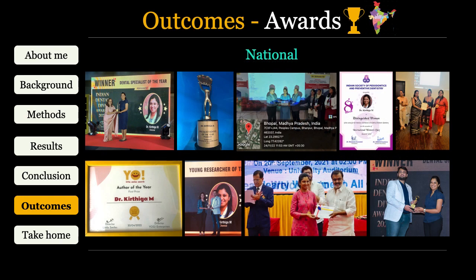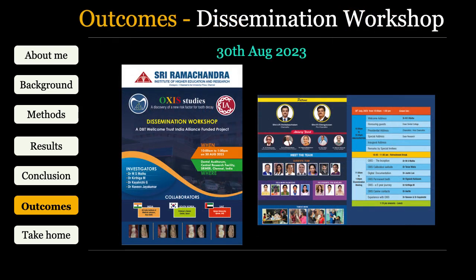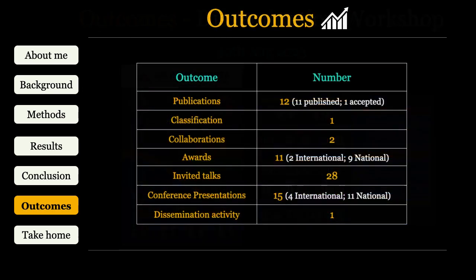Around 9 national awards for various reasons, like the best researcher, the Lakshmanan Gold Medal at our university, 2 or 3 best papers, and also everything related to the project. And the dissemination workshop, as we witnessed yesterday, is complete as well.